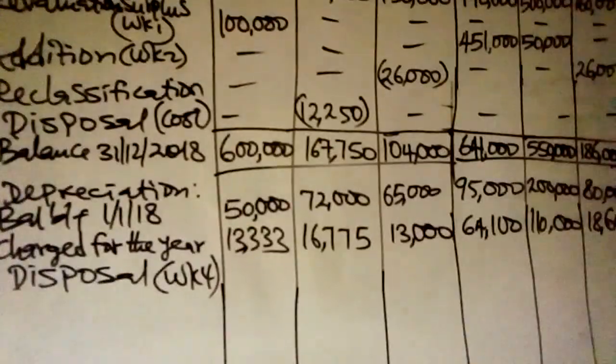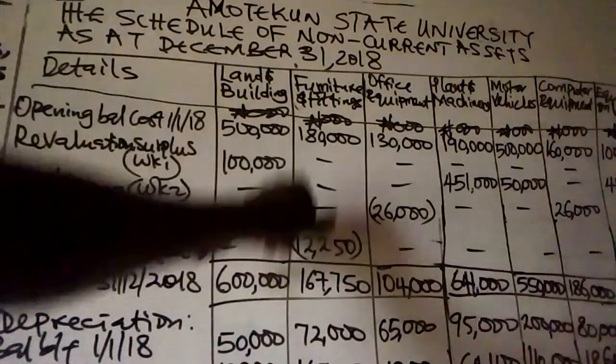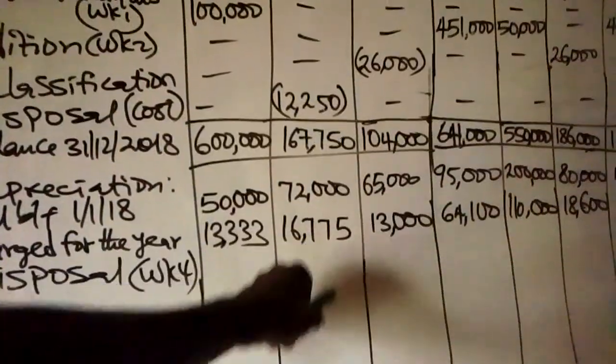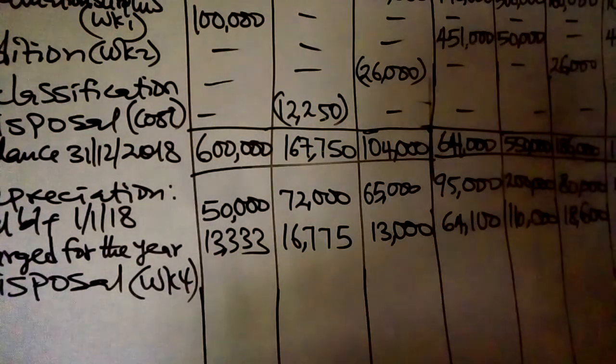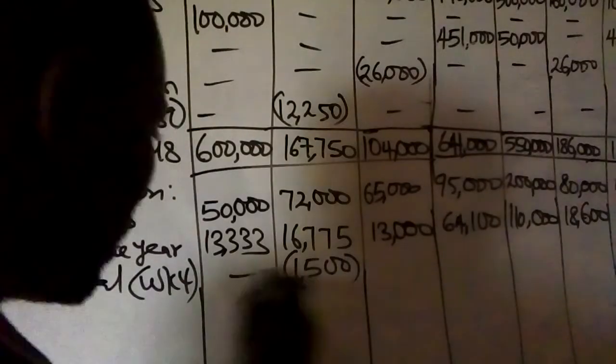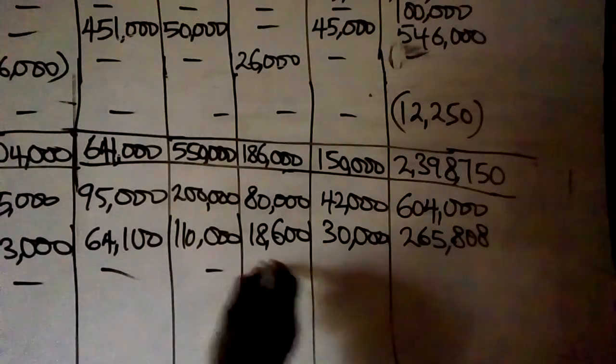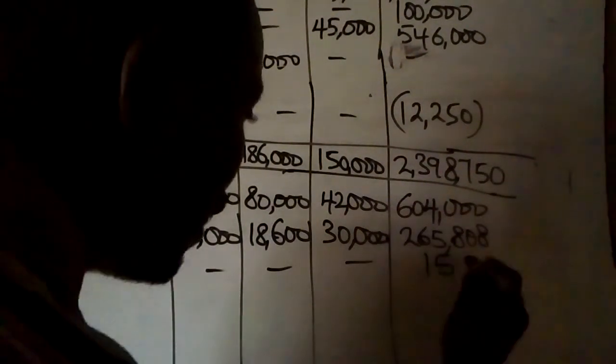This is the furniture column, so subtract 1,500. Then you also remove that 1,500 from the total column.